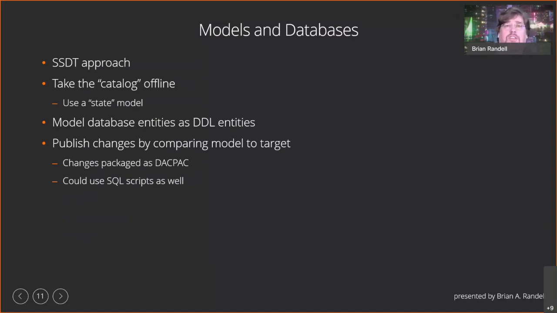This is sometimes referred to as this golden schema approach. We want to take our definition of the model and apply it to the database. Now, from a mechanical standpoint, this can be done with what are called DACPAC files, or you can actually generate SQL scripts, and I'll turn on both so you can see that. The idea with models and the database is that you're expressing what the database should be, and we're using the tools to get it forward.